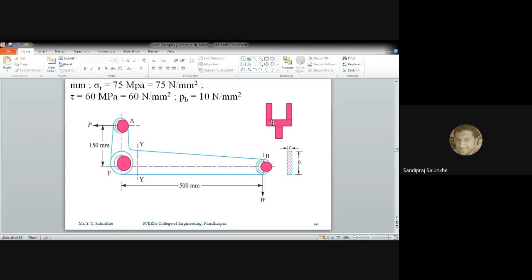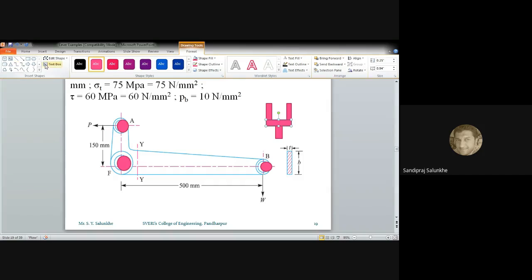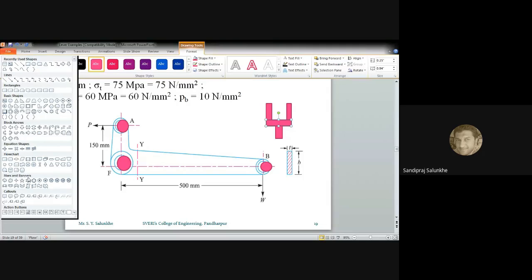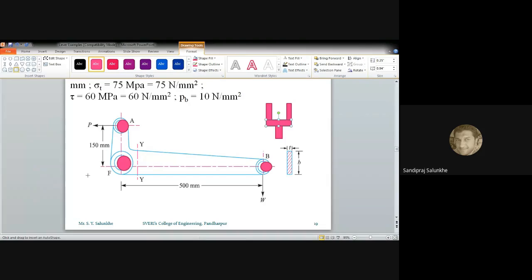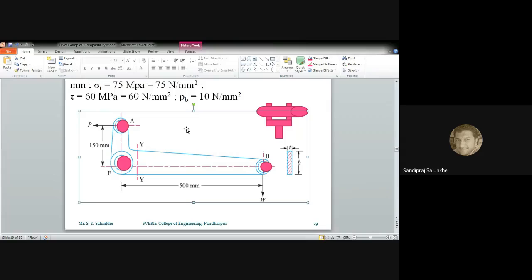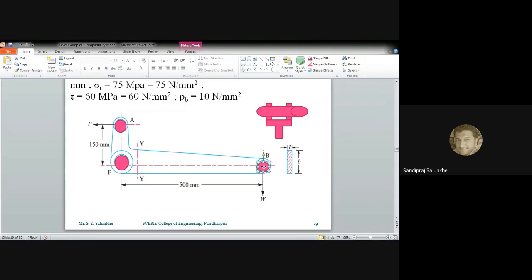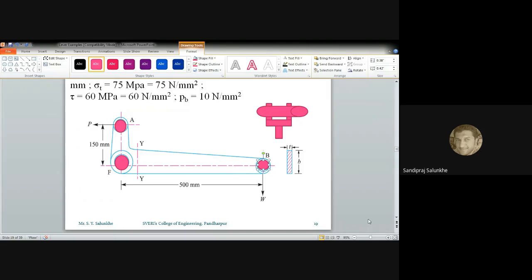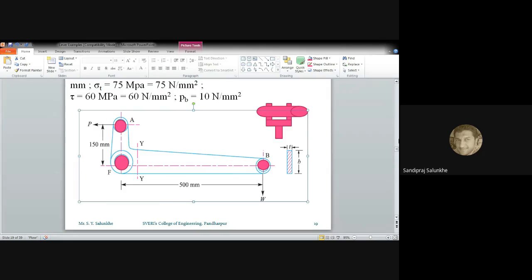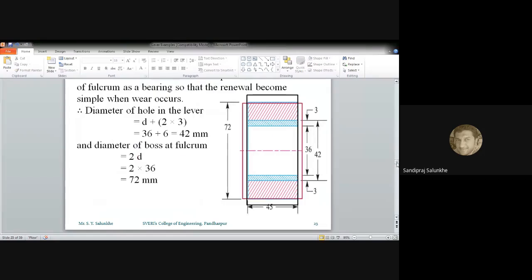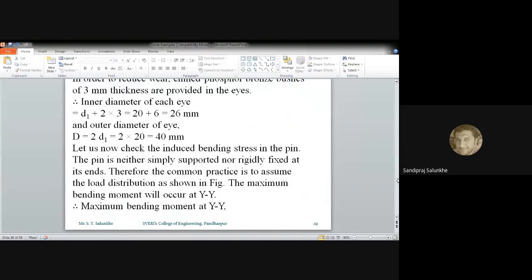It will become a case like we have seen in case of the knuckle joint. Here we are going to insert the pin. So the dimension of the pin will be different. So let it be.